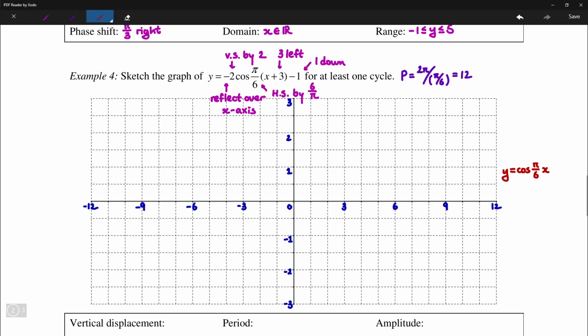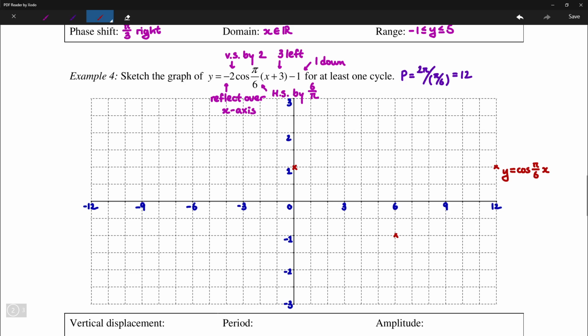So the cosine function starts at 0, 1. It starts at the maximum, and it's going to end at the maximum as well. At the halfway point of the cosine function, it reaches its minimum value. So at x equals 6, we'll have -1. We can also confirm that by substituting 6 into the y equals cosine pi over 6 function.